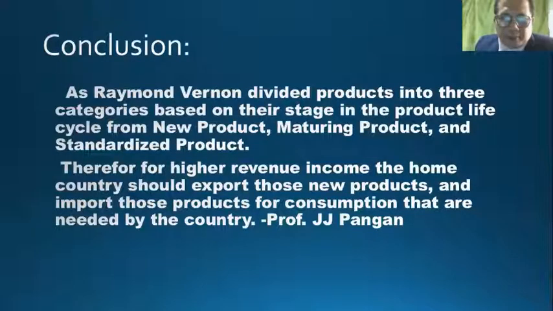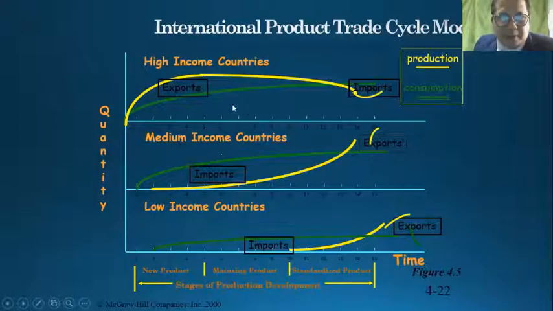Okay, in conclusion, according to Raymond Vernon, product life cycle is divided into 3 categories. Again, in the product life cycle, we have the new product, we have the maturing product, and we have the standardized product. You look at those high-income countries, they are more into production of a new product.